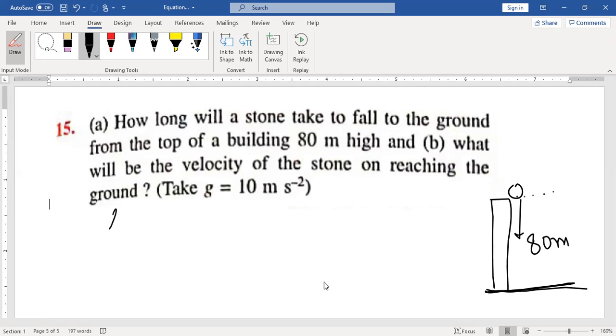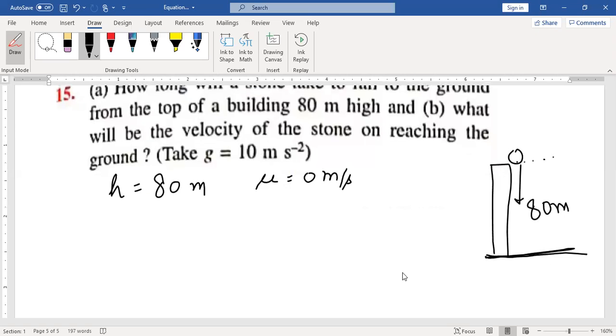So we'll take h as 80 meter. It is a downward motion, so initial velocity will be 0 meters per second, while acceleration will be taken as plus g. So I have to find time, using the second equation of motion.